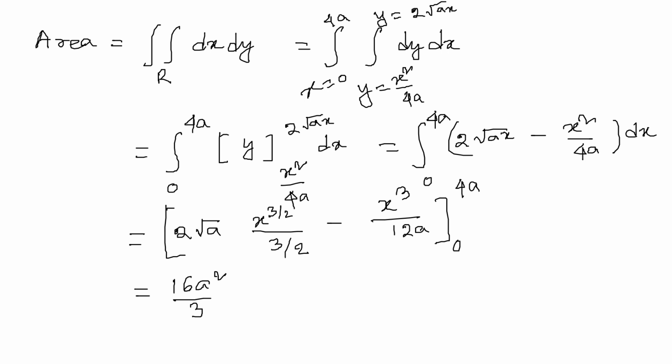For the next example, we'll see how to find the area using the double integration concept when the system is given in polar form. So suppose now the question is given in polar form.